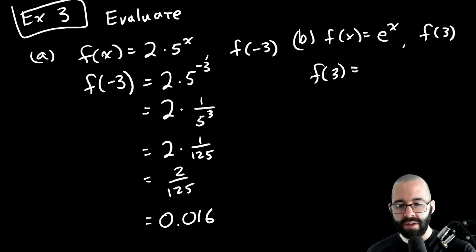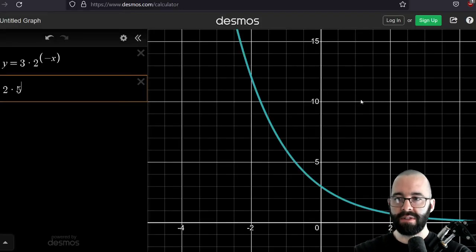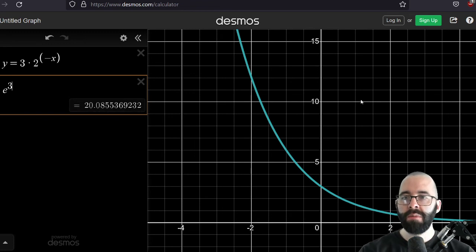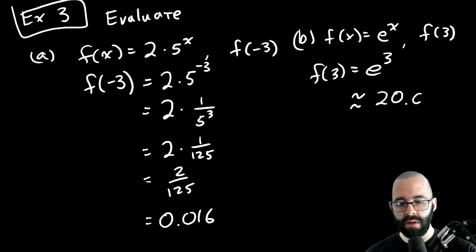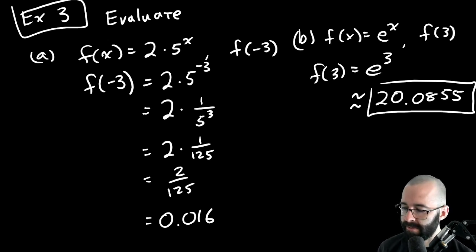Your calculator should have an e button on it. e is a number. We'll talk about it more in a later video. And Desmos also, I believe, functions with e. e raised to the 3rd power is about 20.0855. All right. And we'll talk more about e later.